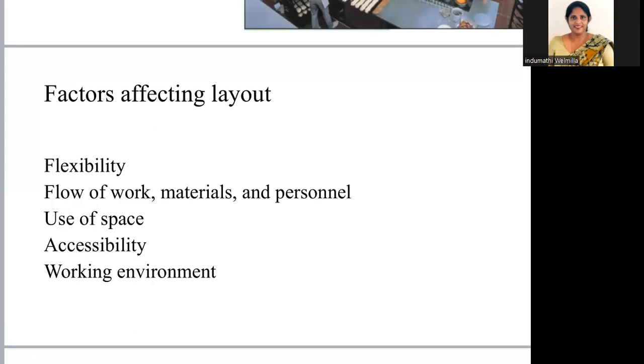So all these things are required, right? And when we use the space, for any type of layout, we need to carefully distribute the available space among the required tasks and other requirements, right?